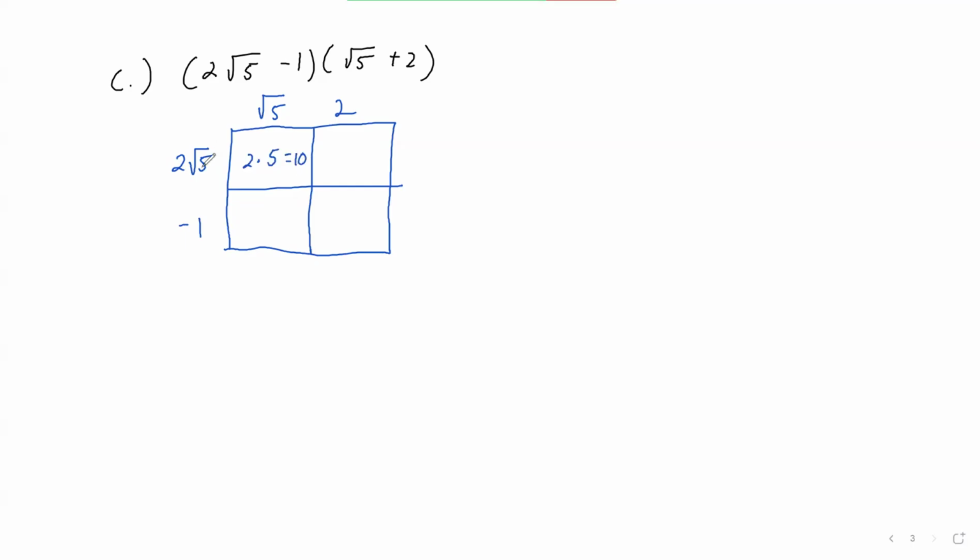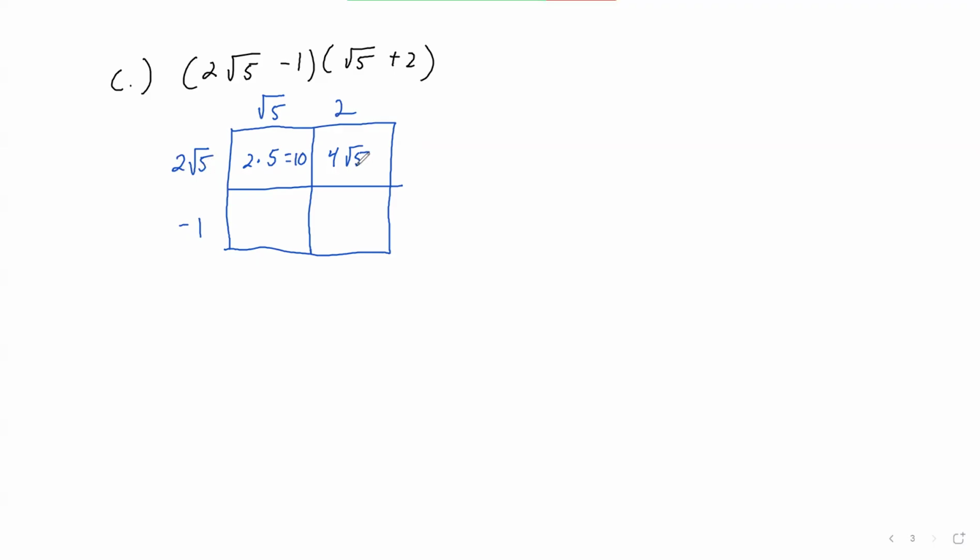So when I come to this part, 2 square roots of 5 times 2, notice this doesn't have a radical. So the only thing I'm going to be able to multiply are the actual coefficients. So in this case, I do 2 times 2, which is 4, and then square root of 5, because it didn't have a radical to multiply to.